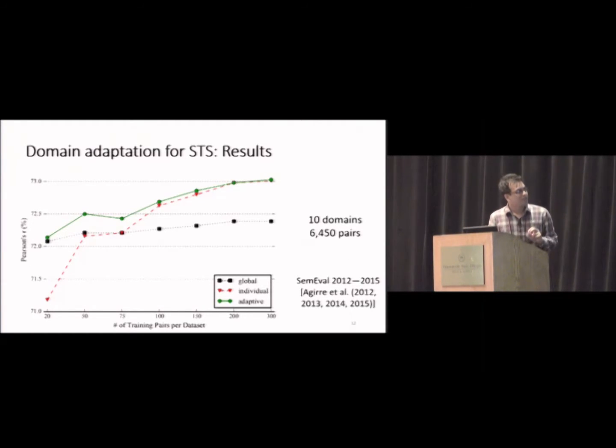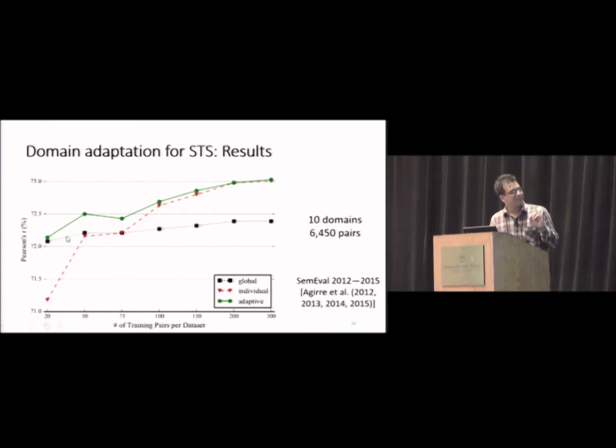On the x-axis I'm showing the number of training pairs per domain, and as you can see, the in-domain model does better as the number of training pairs grows, and the global model does relatively worse as we have more training data.